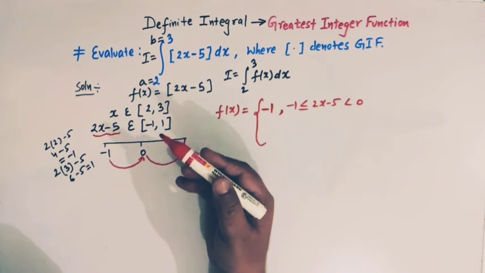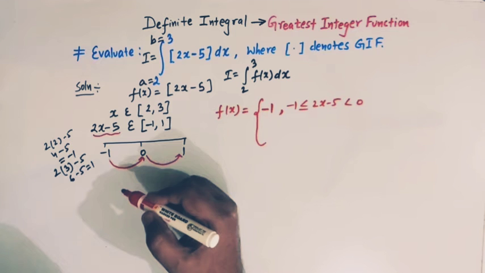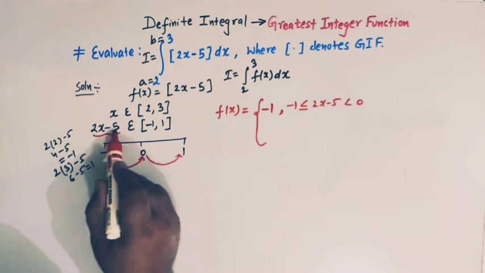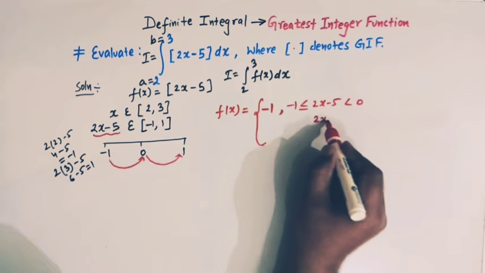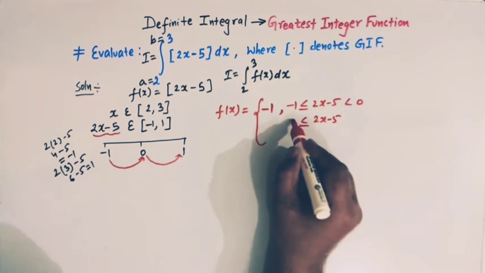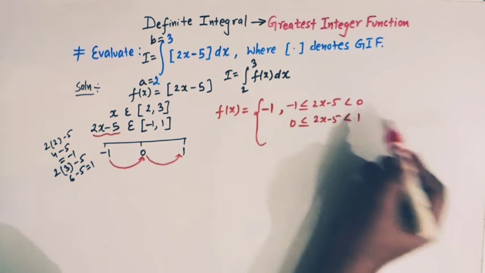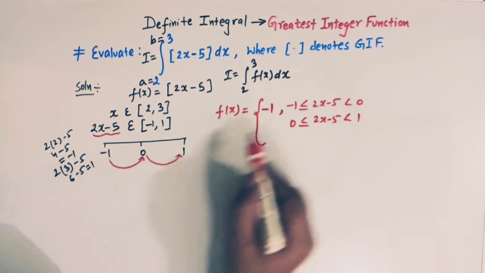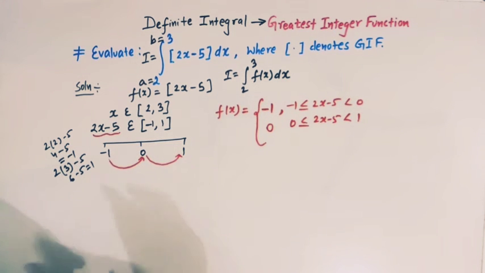Due to the definition of the greatest integer function. And when 2x minus 5 lies between 0 and 1, then the value of f of x is 0. Now let us see how.